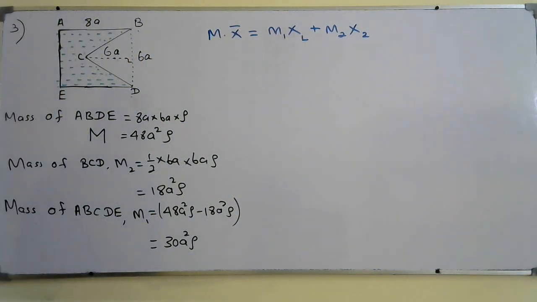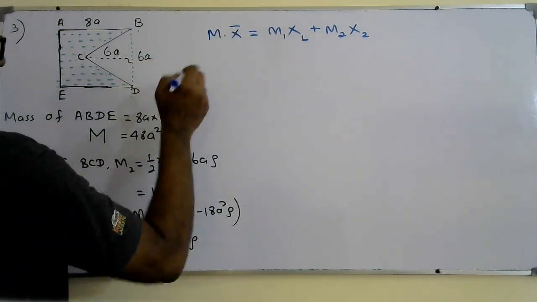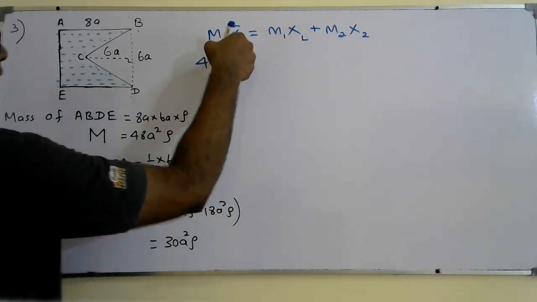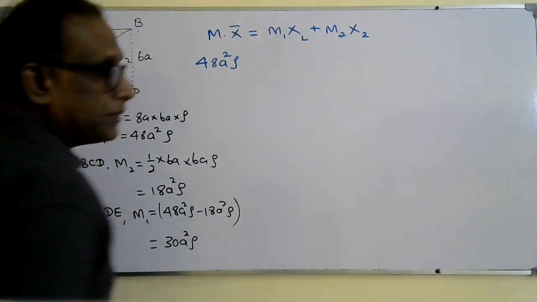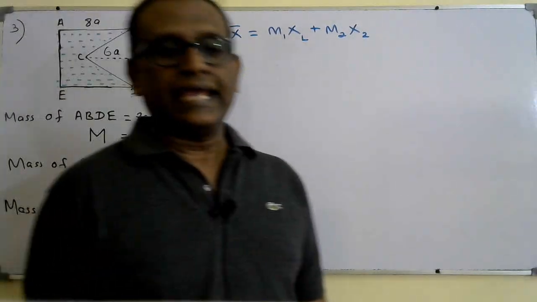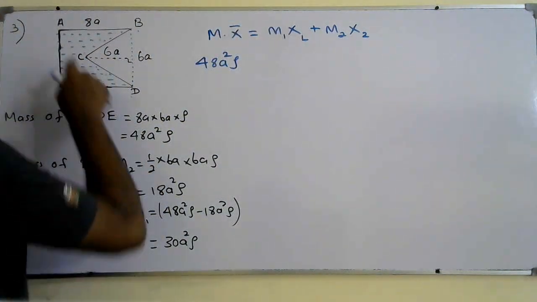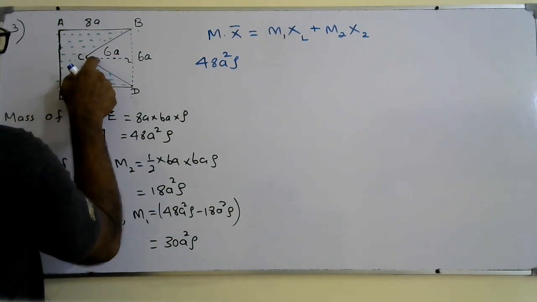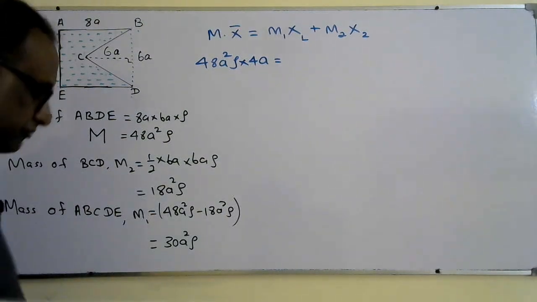M into x bar, M we know, the mass of the rectangle, 48a squared rho, x bar from AE. So all x bar, XL, x2 are measured from the line AE. That's the question. They asked to find the center of mass from AE. So the center of mass of ABDE from AE is at the midpoint, so that will be at 4A.